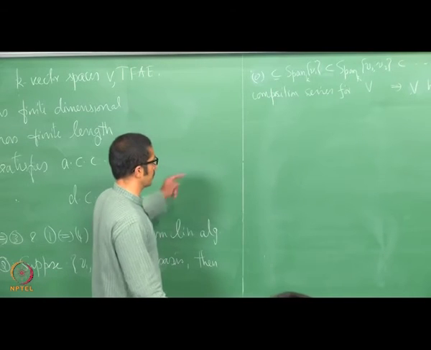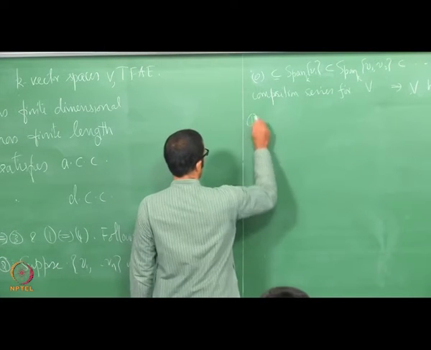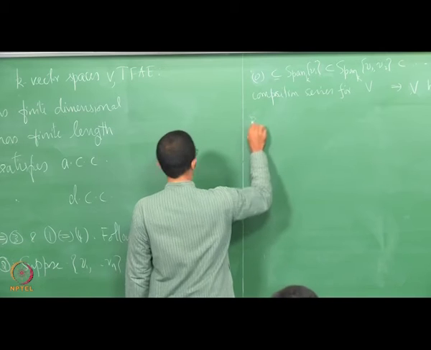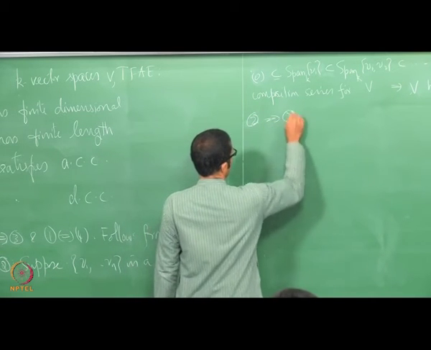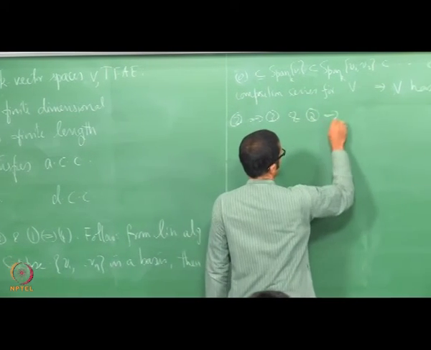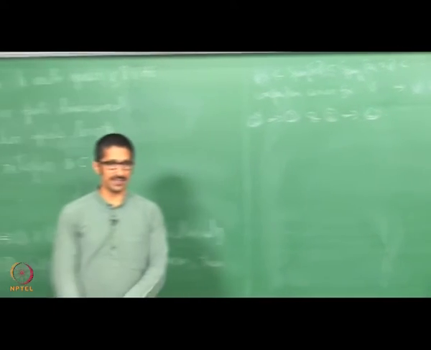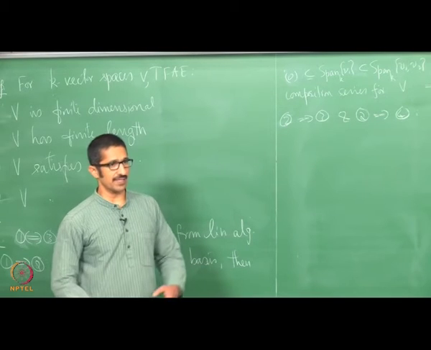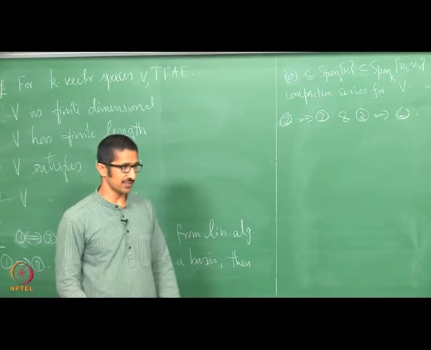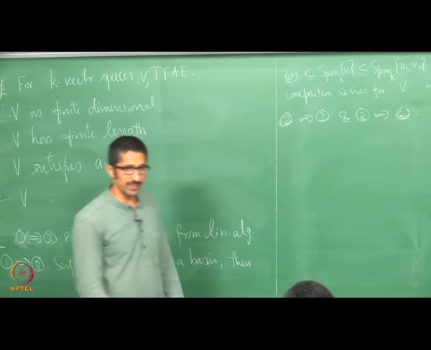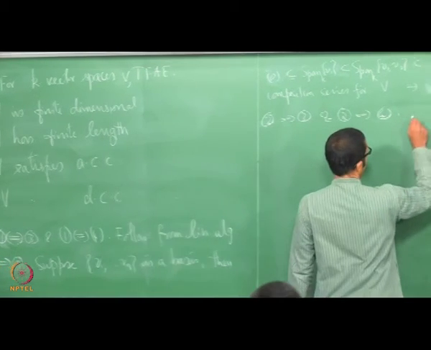And we have already proved that 2 implies 3 and 2 implies 4, because a module has finite length if and only if it satisfies both ACC and DCC. So, 2 implies 3 and 2 implies 4 are already proved.